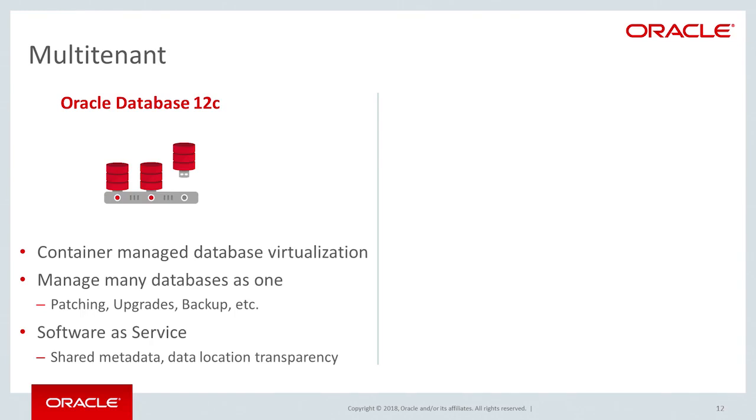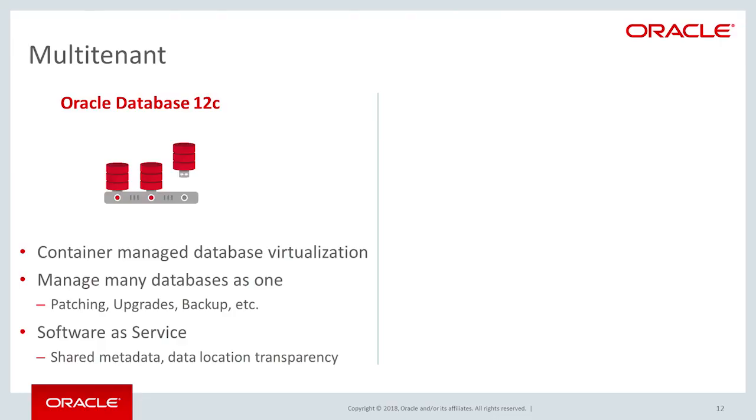So let's go through some of the key focus areas of Oracle Database 18c, and let's compare it with what already exists in Oracle Database 12c. I mentioned earlier that Oracle Database 12c introduced the new multi-tenant architecture.